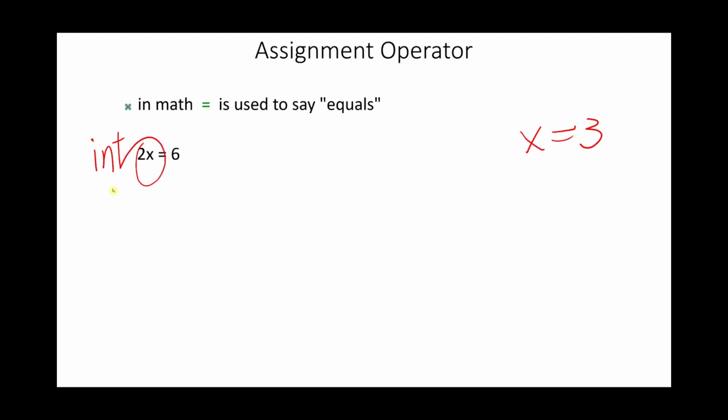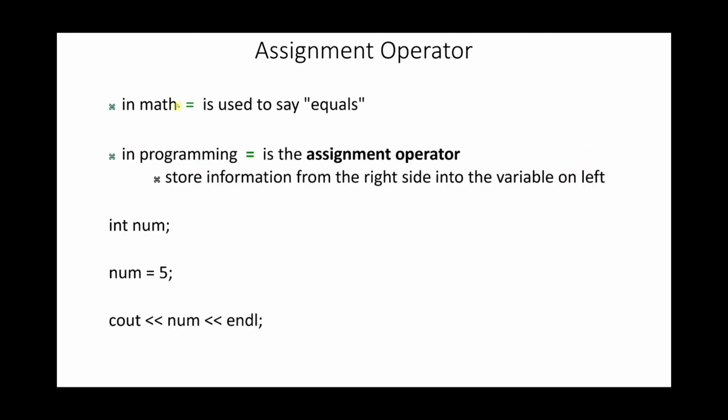This is going to give you an error because you cannot start your variable name with a 2. And the equal in math is not equal in C++. We call it the assignment operator. Assigning a value from right side to the variable on the left side.